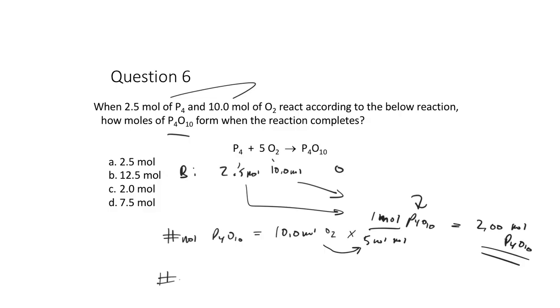Okay, so now let me run through the problem consuming all of the given P4. So if I start with 2.5 moles of P4 and make as much product as possible, again we're asking the question, how many moles of P4O10 can we produce?